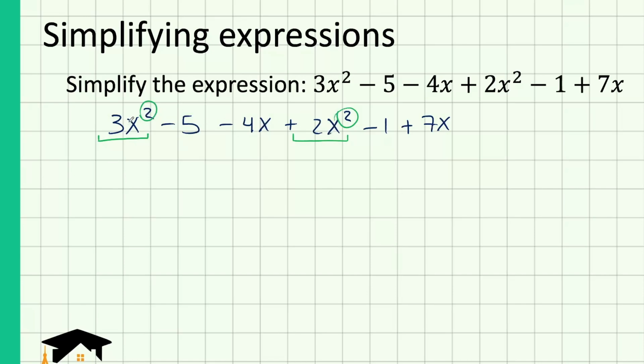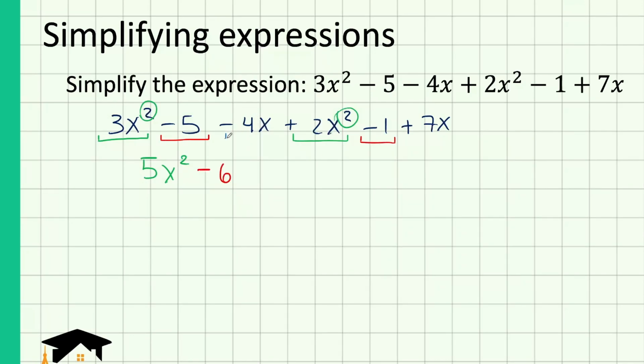So you have 3x squared plus 2x squared, that is equal to 5x squared. Next we have 5 minus 5 is a number, so we cannot put it together with minus 4x or with 7x, but we can with minus 1, which is also just a number. So minus 5 minus 1 is minus 6.